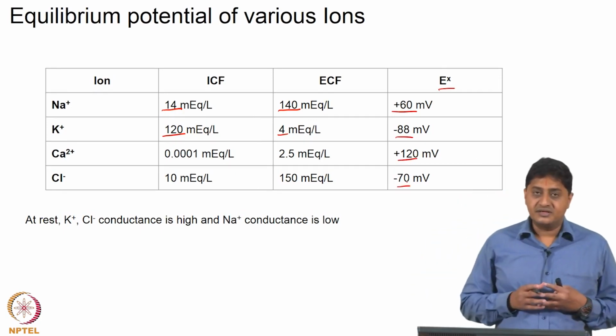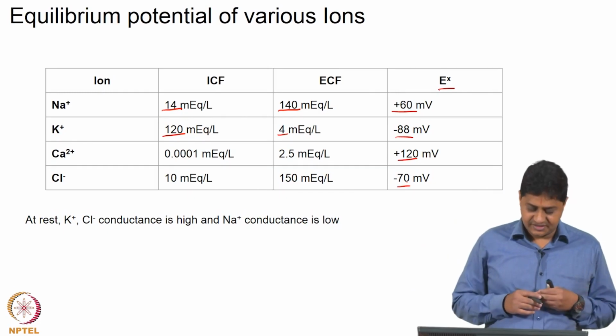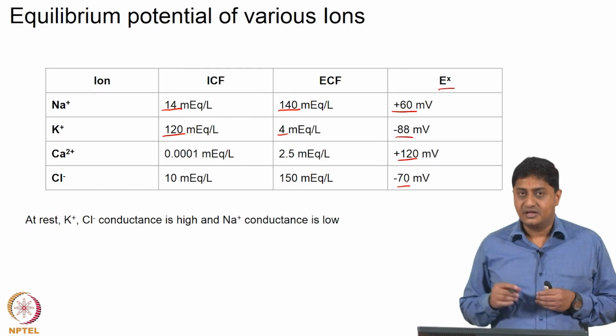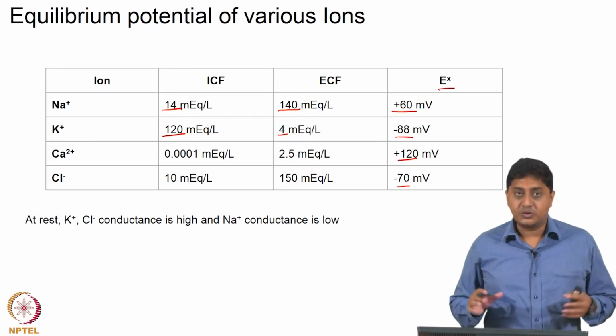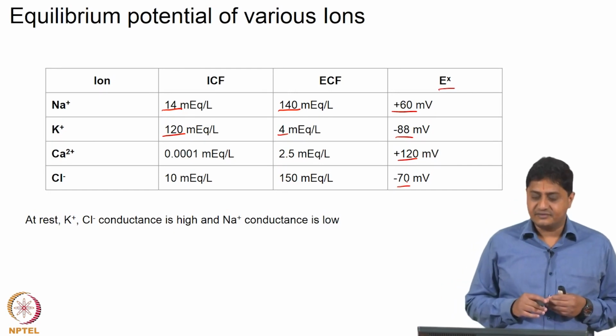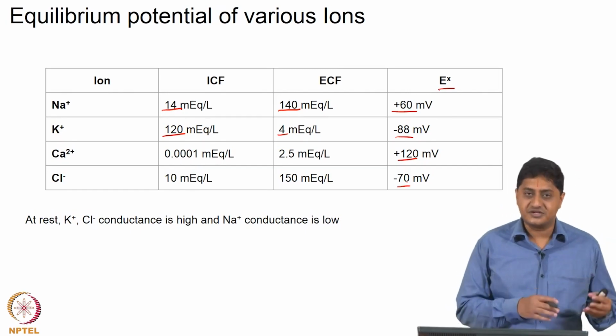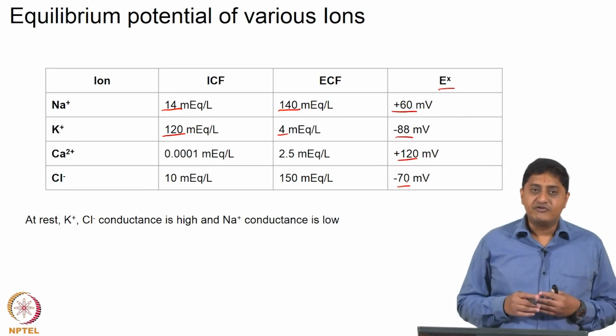And we also briefly discussed that, depending on the contribution that an ion makes towards the total conductance, the equilibrium potential of that ion is expected to be closer or farther away from the membrane potential.